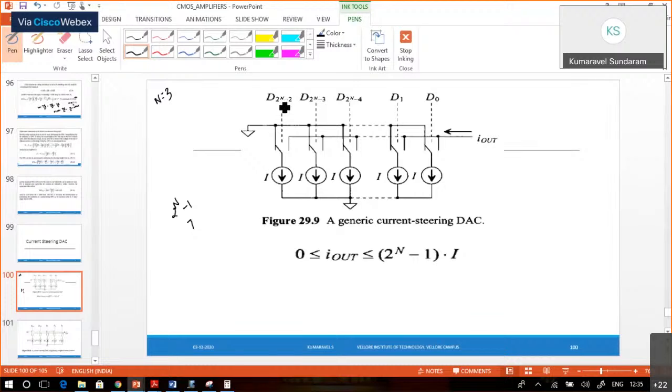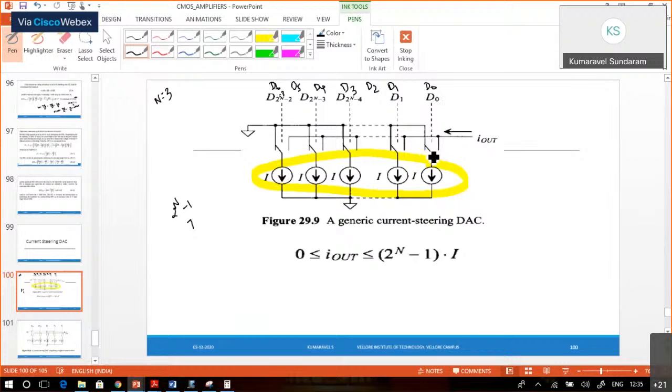Here n equal to 3 means 2 power n is 8, minus 1 is 7. So D6, D5, D4, D3, D2, D1, D0. There are totally 7 current sources. So we use 7 current sources to realize the current steering DAC based on the digital input word, 0 or 1.